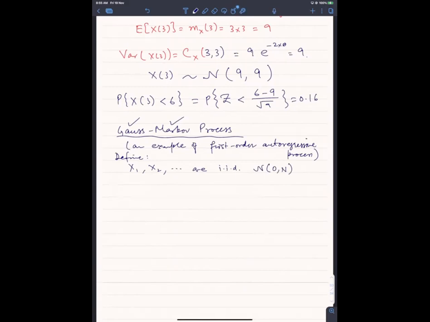So we define a process y1 to be equal to x1, and y2 to be equal to alpha, some constant, times y1 plus x2. Similarly, yn would be equal to alpha times yn minus 1 plus xn. So हर बार आप एक नया x ऐड करते जा रहे हैं, which are IID normal, और कुछ थोड़ी सी हिस्ट्री उसके अंदर डाल देंगे.